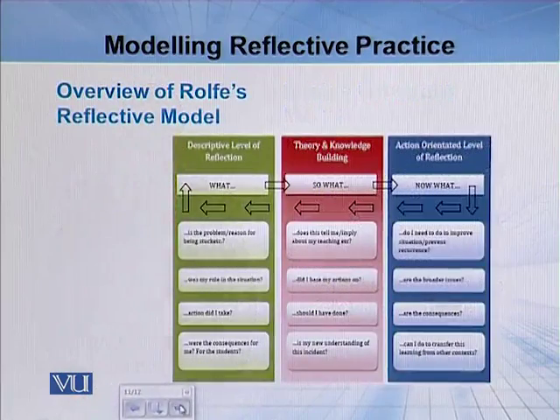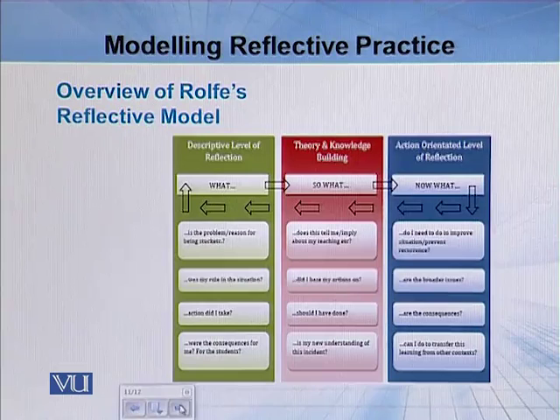And we can look at these in terms of, again, a nice straightforward model, the what, so what, and now what components, going through repeatedly a number of iterations. Whatever questions you ask at those particular levels is up to you as a practitioner.